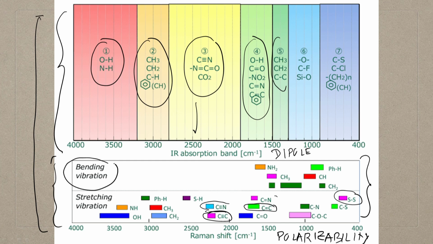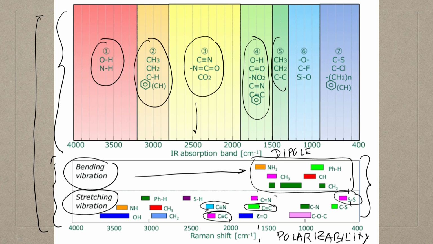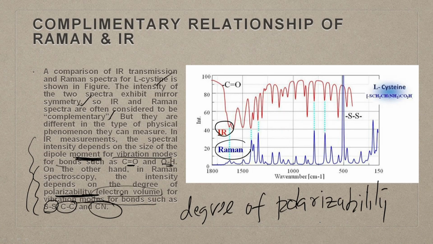You have the bending vibrations, which are shown for these ones, and the stretching vibrations, which are shown for this one. You can see the bending vibrations are only in this zone, whereas stretching vibrations are all across the spectrum.